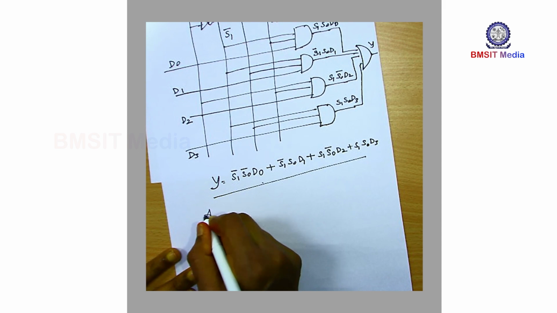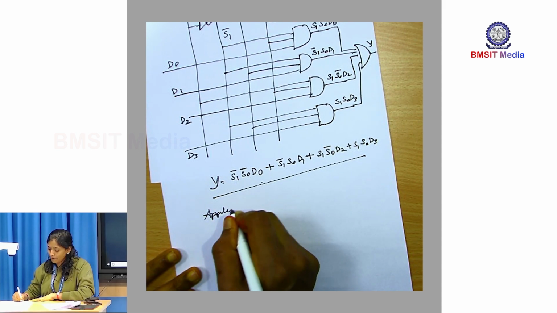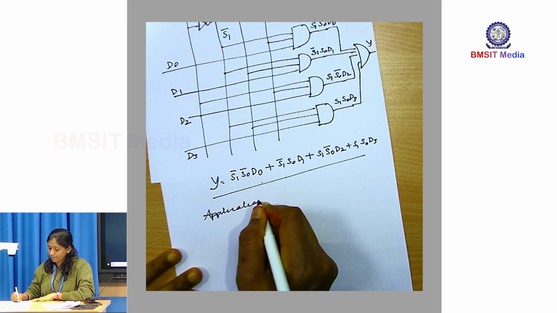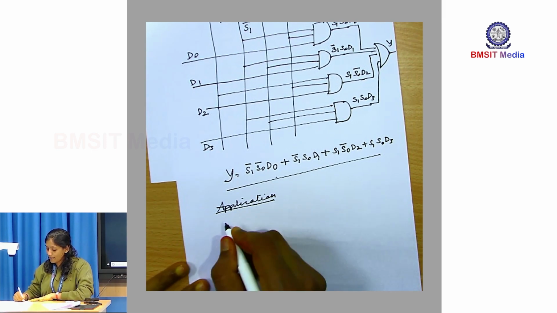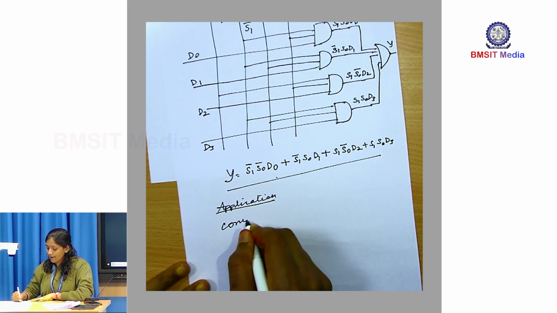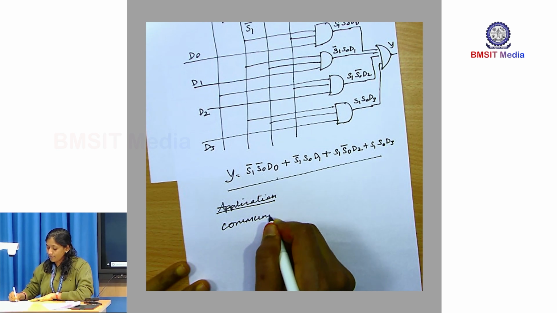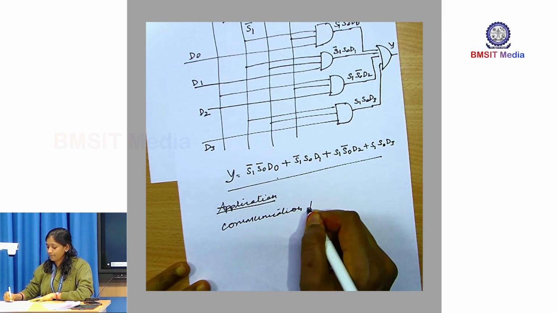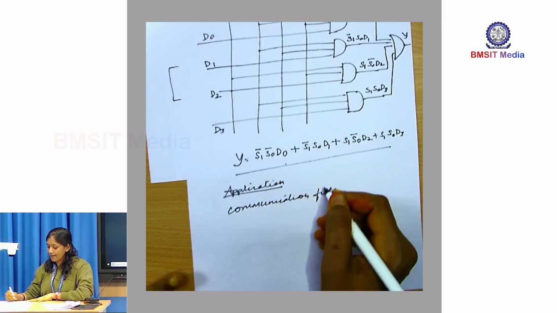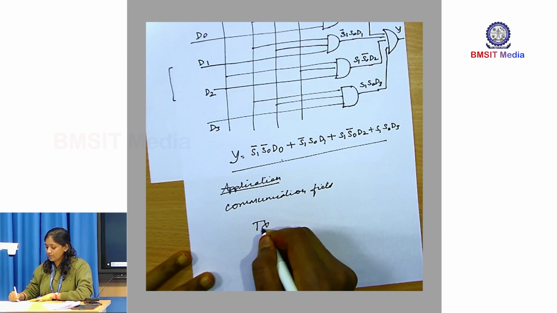Next, let us see the applications of mux. Where do we find the application of mux? Mux has a great application in the communication field. For example, say I have a transmitter section.